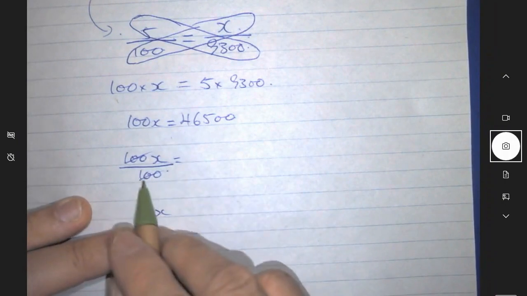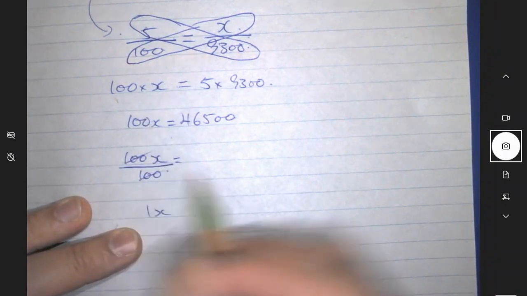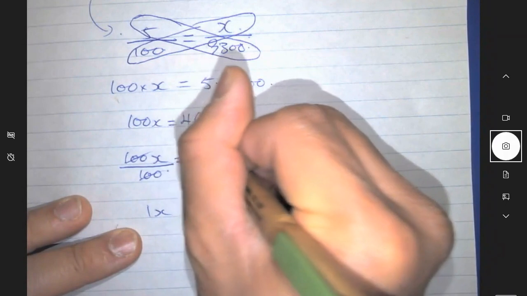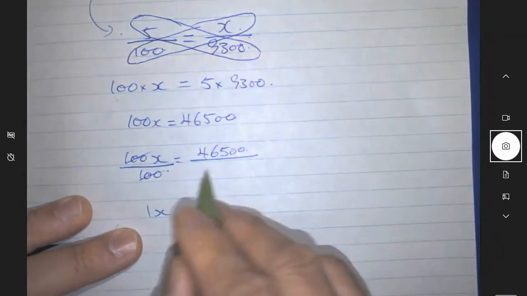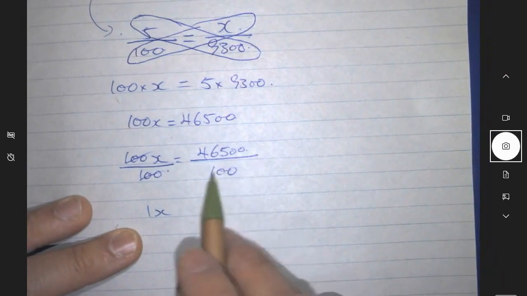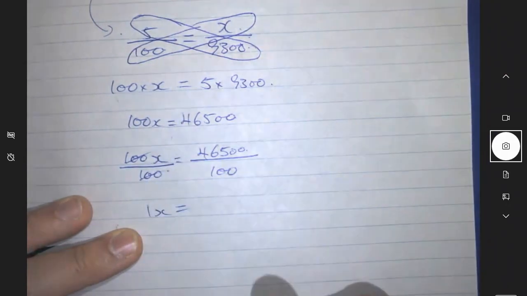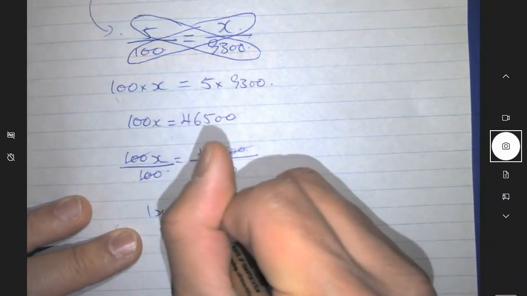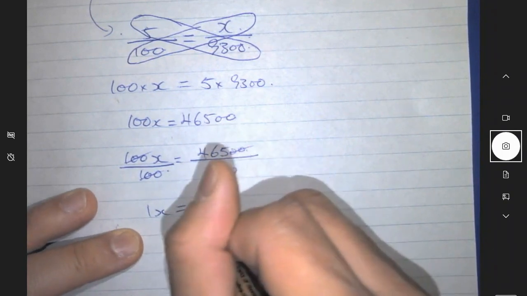Now, since you divide this side by 100, you must also do the same thing on the other side. So 46500 divided by 100, that really is just getting rid of the 2 decimal place. So you have 465.